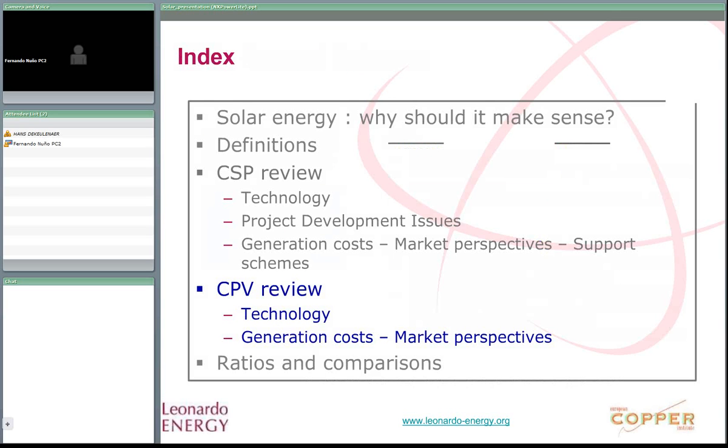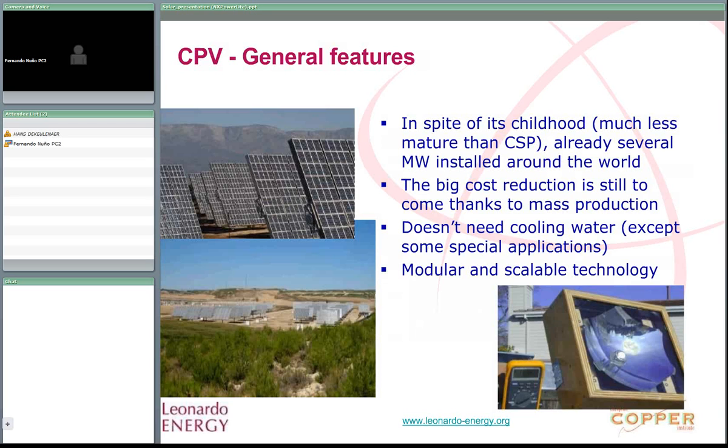So now we will see some basic features on concentration photovoltaics. In spite of its childhood, much less mature than CSP, there are already several megawatts installed around the world. The big cost reduction is still to come thanks to mass production. It doesn't need cooling water, except some special applications. It's a modular and scalable technology.